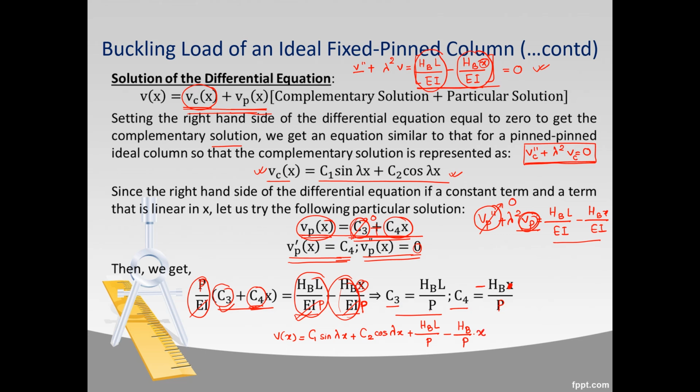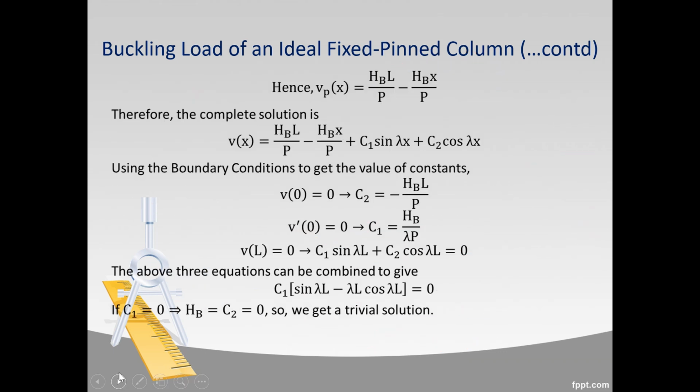Since C3 plus C4x is our particular solution, the value of C3 is HBL by P and the value of C4 is minus HB by P, and this x came not from the value of C4, but from this same x that we have here. Whatever x is here, we put that x here. So this will be our total solution. You can also find this solution on your next slide here.